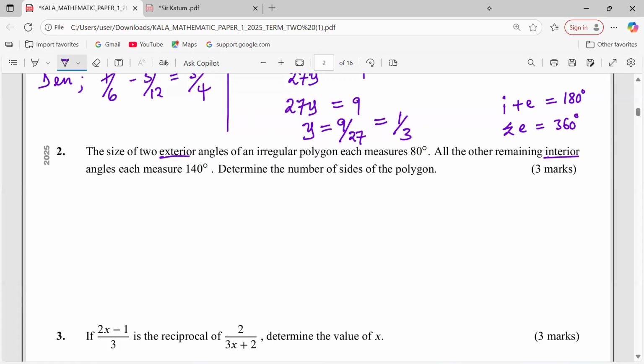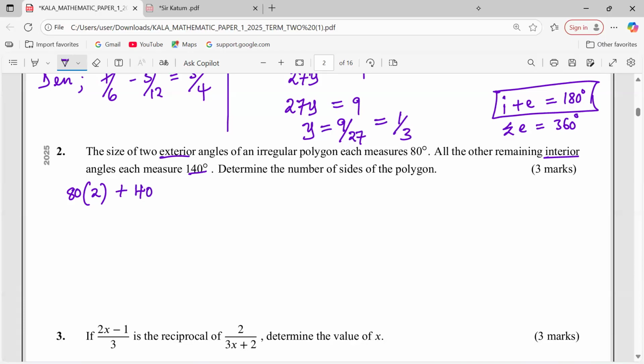With this knowledge, we can say all the exteriors when added up, the first 2 measure 80, so 80 times 2, plus the others. We are given interior angles measuring 140, which means for every interior measuring 140, the corresponding exterior measures 40.